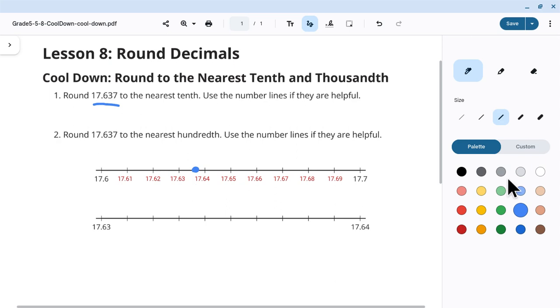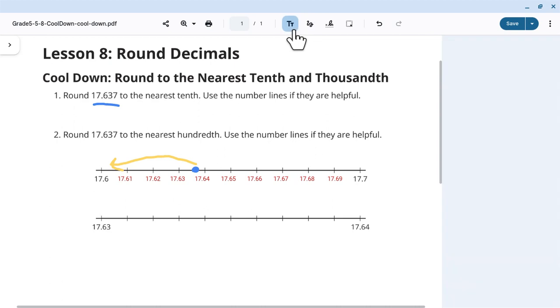Now, what I'm looking to see is whether this spot that I marked on my number line is closer to 17 and 6 tenths, or closer to 17 and 7 tenths. Well, clearly I can see that it is closer to 17 and 6 tenths.